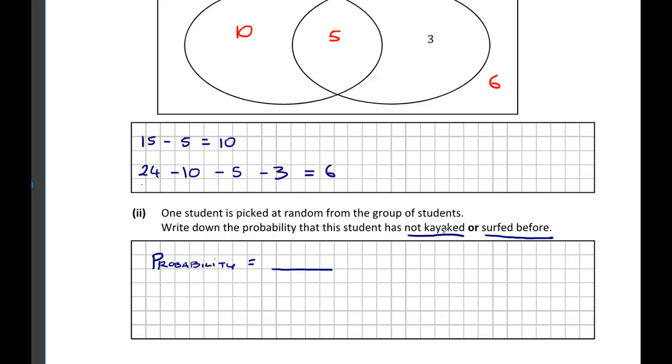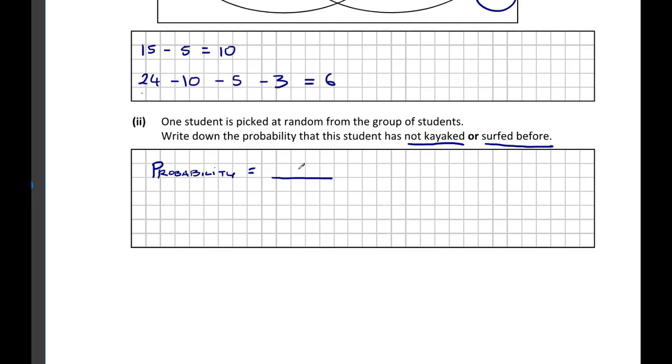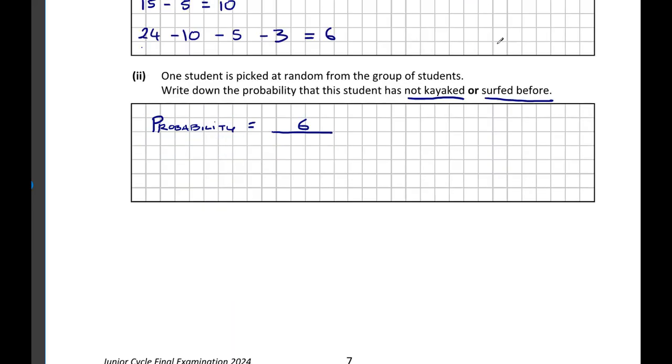Well, who hasn't kayaked or surfed before? 6 over the total number of students, which is 24. Okay, so 6 out of the 24. And actually that is your answer.